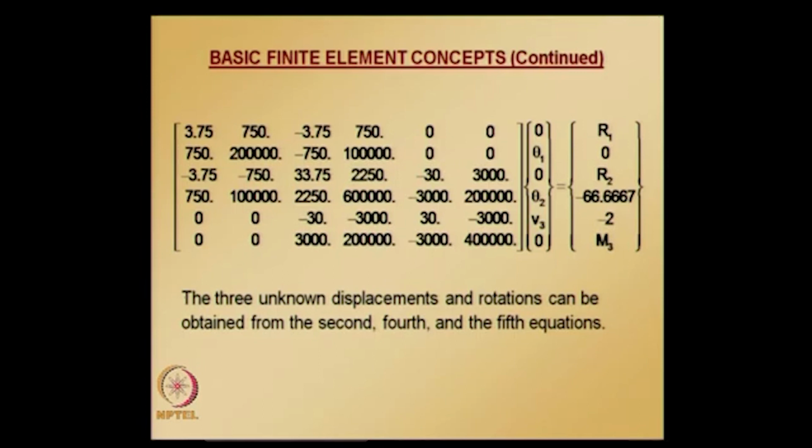The 3 unknown displacements and rotations can be obtained from the second, fourth and fifth equations, by eliminating the 1, 3 and 5 rows and columns.